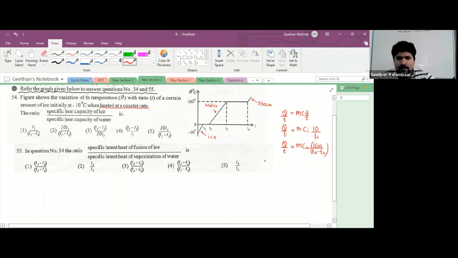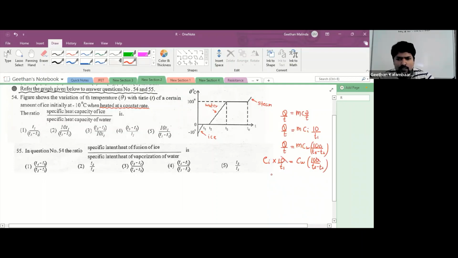Once you equate, M gets cancelled. So you can say Ci into 10 over T1 is equal to Cw into 100 over T3 minus T2. 10 gets cancelled.